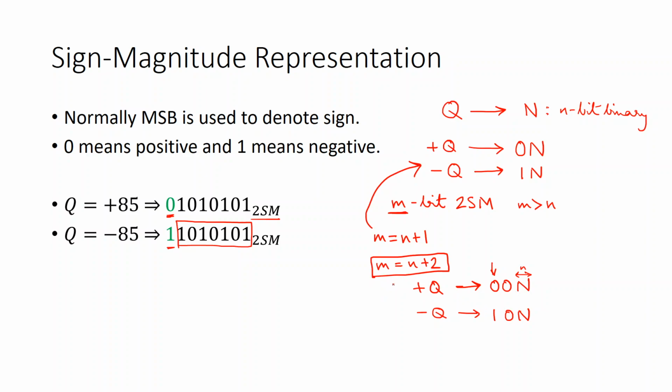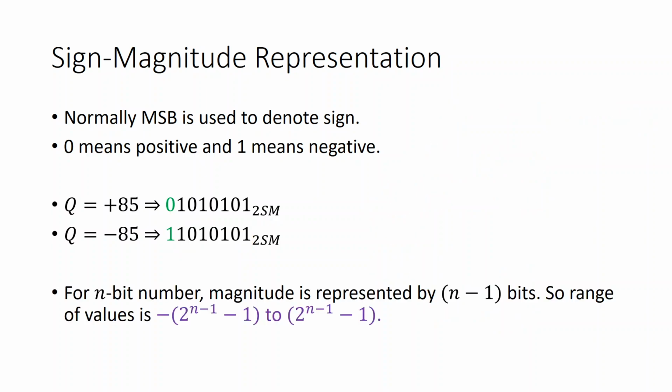So after the 1, since the magnitude is represented by n bits, I add another 0 and then add the N at the end. I hope this is clear to you. So this is about signed magnitude representation.